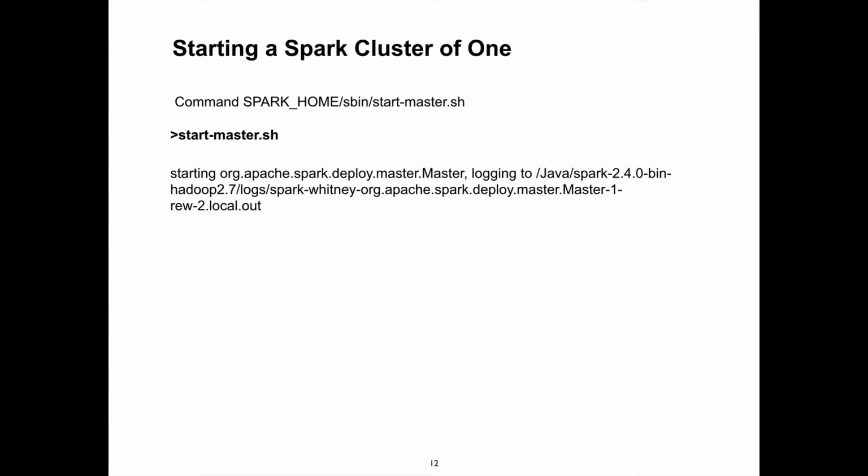One is start-master.sh, and again it's in the sbin directory of your Spark install if you download it from the Apache site. This starts up a master node on your machine.